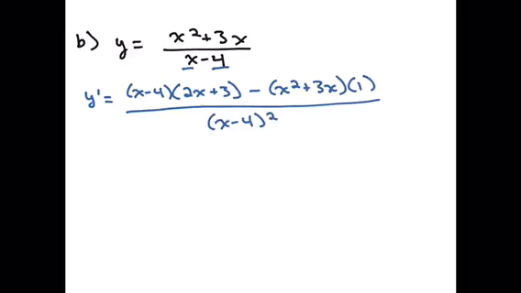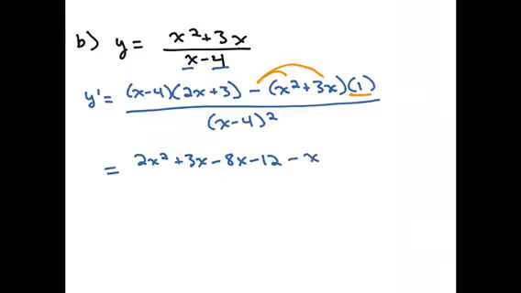So if we multiply this out in the numerator, we will see that I get 2x squared plus 3x minus 8x minus 12. And since this is just a 1 over here, I'm just going to go ahead and distribute the negative.